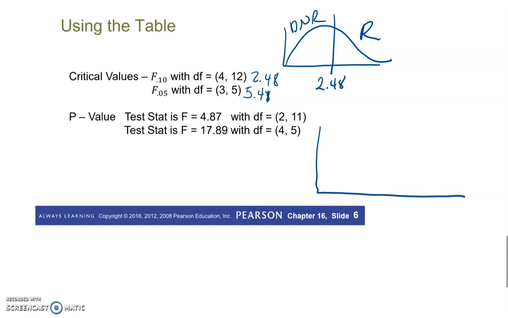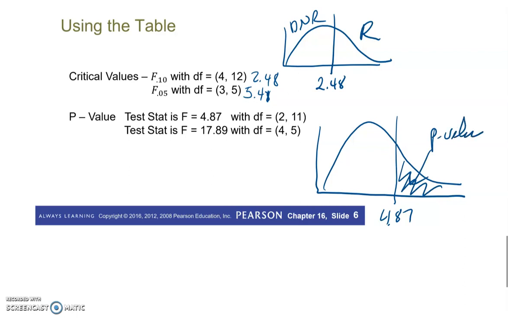For the first problem, I want you to look at, if we got a test statistic of 4.87 and our degrees of freedom were 2, 11, what would that p-value be? So in this problem, of course, it's your test stat that goes here, and your p-value is going to represent this area. Well, just like with the t-table, we're not going to get an exact answer, but we can approximate it.